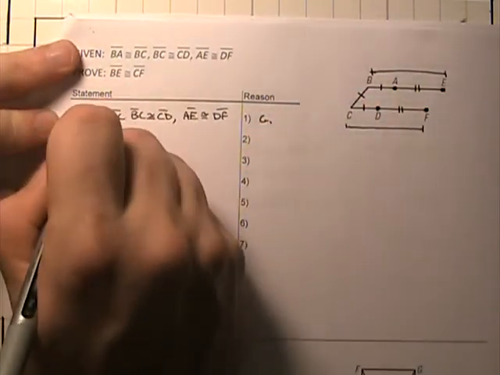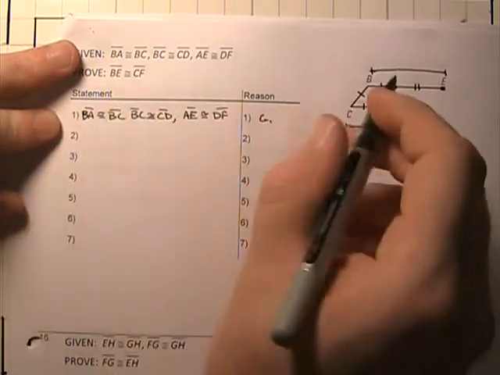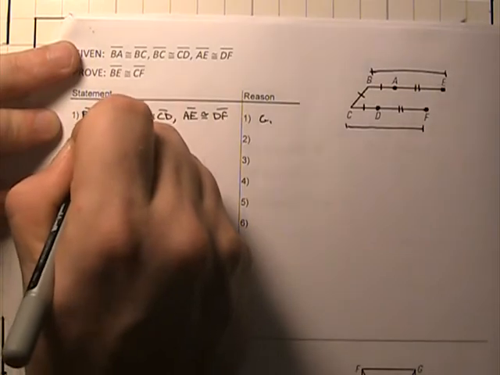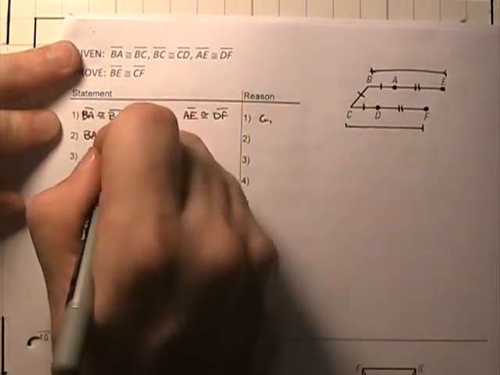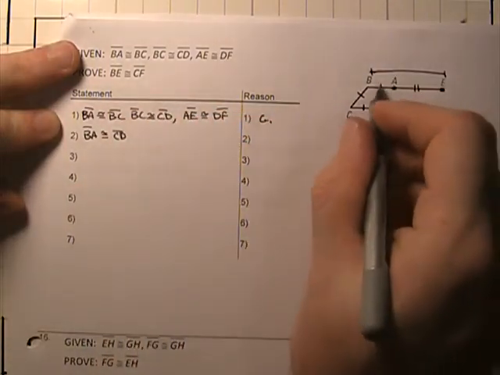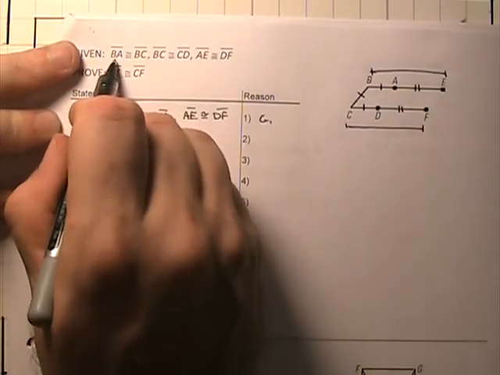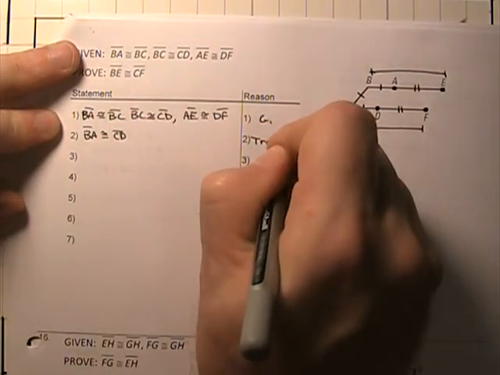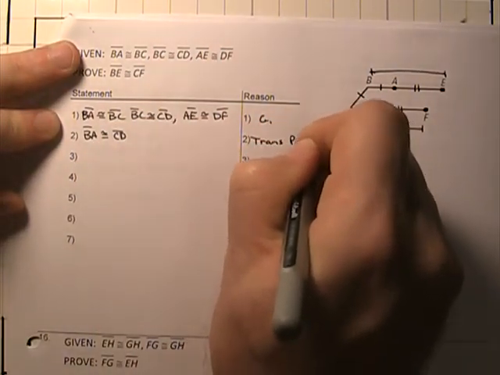So I can say that BA is congruent to CD. So BA and CD, that wasn't shown before, because of the transitive property of congruence.